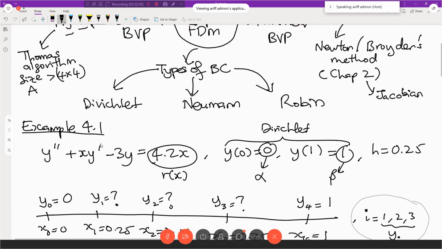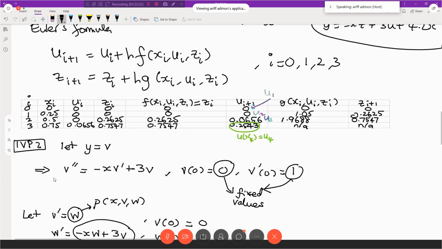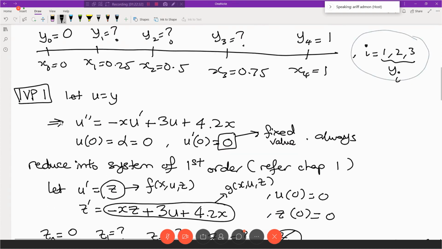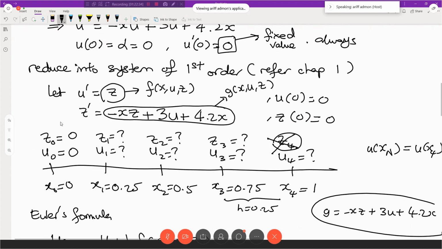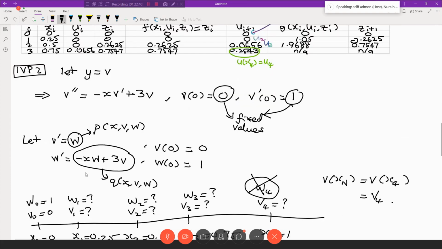If this is the shooting method, this is your technique. IVP1 and IVP2 must exist, and then they will guide you to use another method to solve the IVPs. For example, in this particular example, we have the Euler formula. So you need to use the correct formula for solving IVP1 and IVP2.